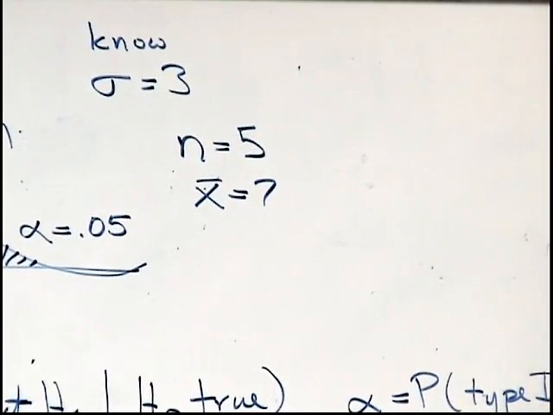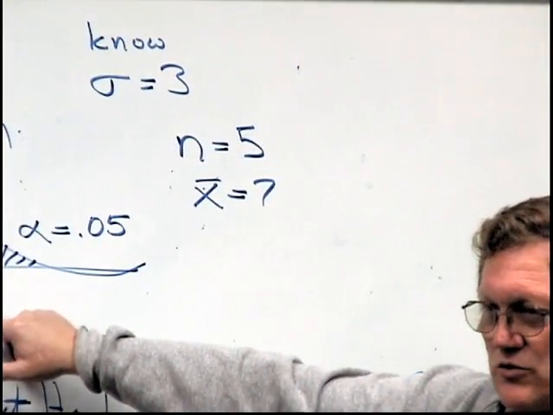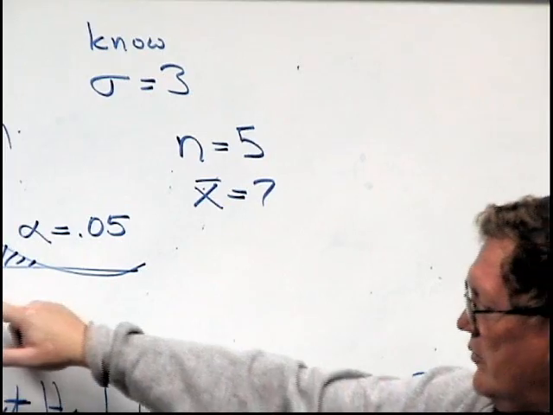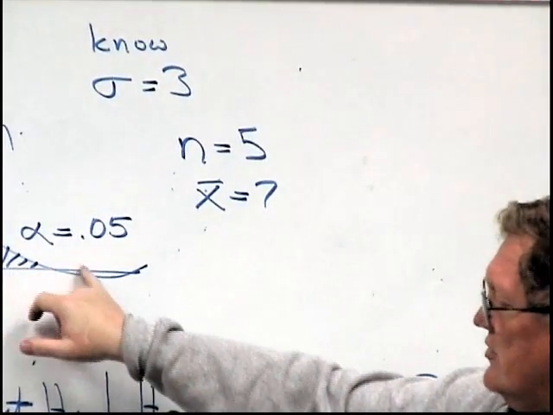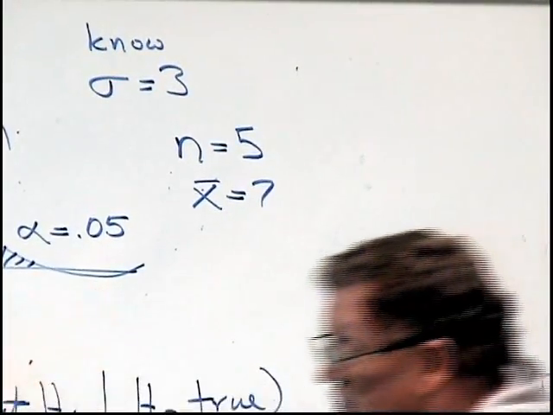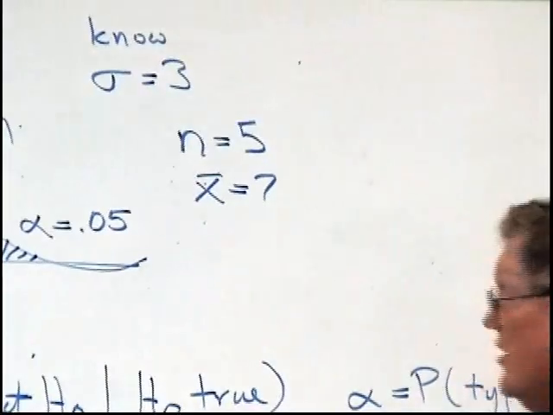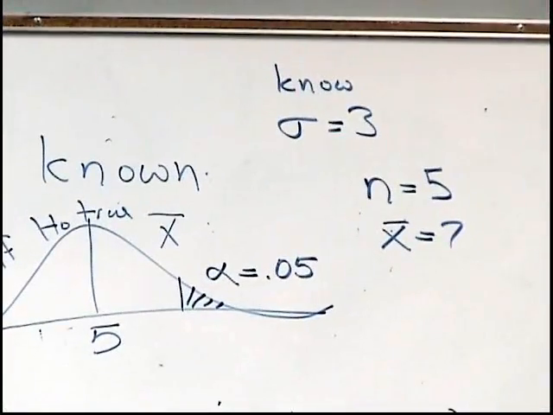Well, there are actually two methods. One is to actually figure out what this number is that divides who's close from who's far, where we should accept H0, where we should reject H0. The shaded area is where we're rejecting H0, because that's where we're far away from 5, far above 5. The other method is standardize first.